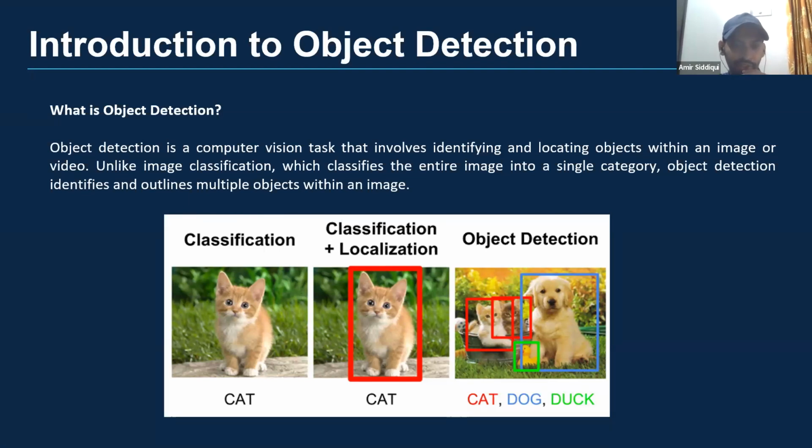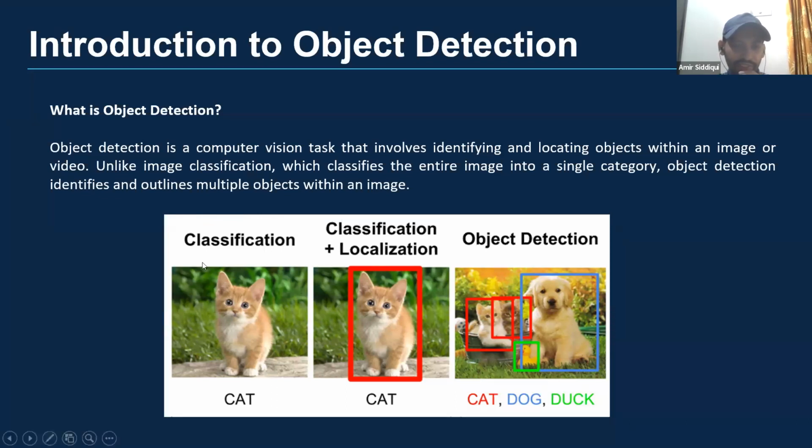Then on the right hand side, you will see a picture of a cat, as well as one red square here. This is known as a bounding box in computer vision. This is a very important concept in computer vision.